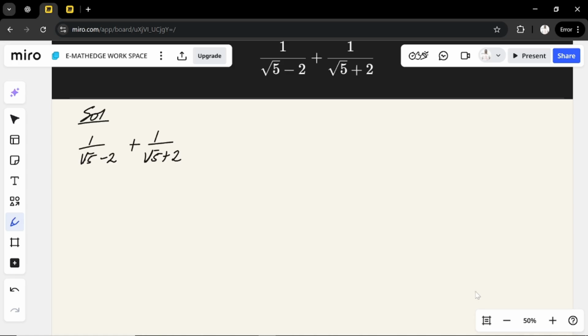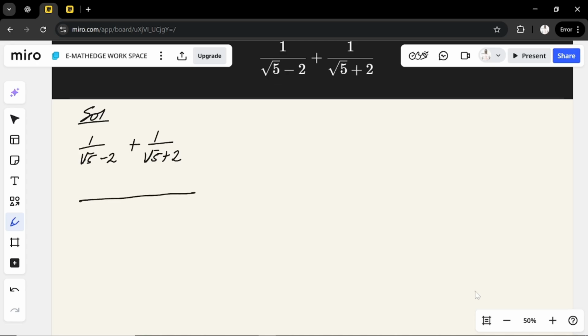Since we have these two fractions, 1 all over the root of 5 minus 2, adding up to 1 all over the root of 5 plus 2, based on the method of solving simple fractions, the next thing we are going to do is to obtain the LCM, right?